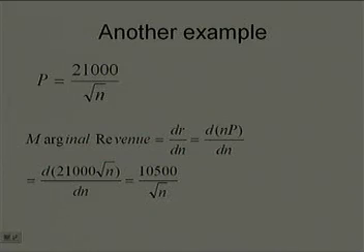Using this expression, I can always calculate the marginal revenue. Revenue is defined as n times P, and marginal revenue would become dR upon dn, which is d by dn of nP. And if you differentiate it, you will find that the marginal revenue for this expression is going to be 10,500 divided by under root n.